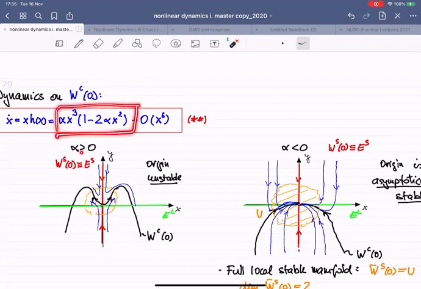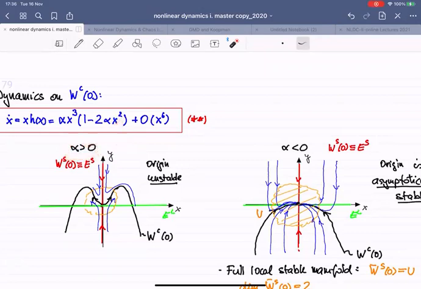When alpha is positive, it actually has 2 more fixed points. So it has 1 fixed point at the origin, but the right-hand side of this reduced model also vanishes when x squared equals 1 over 2 alpha. And that equation has a solution when alpha is positive. It has no solution when alpha is negative, but it has a solution when alpha is positive.